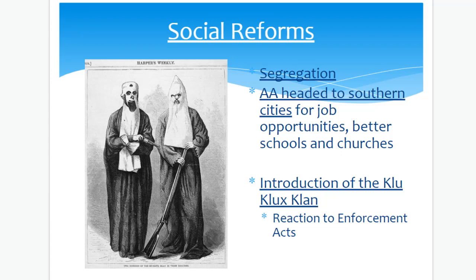And this is where you're going to start seeing the whole idea of hate groups that were trying to suppress the ability for the African Americans to have equal rights. This is where you see the introduction of the Ku Klux Klan, and they're going to have a reaction to the Enforcement Acts, doing lots of tremendous hateful crimes to stop African Americans from achieving equality through scare tactics and things that are all the way up into murder or death.